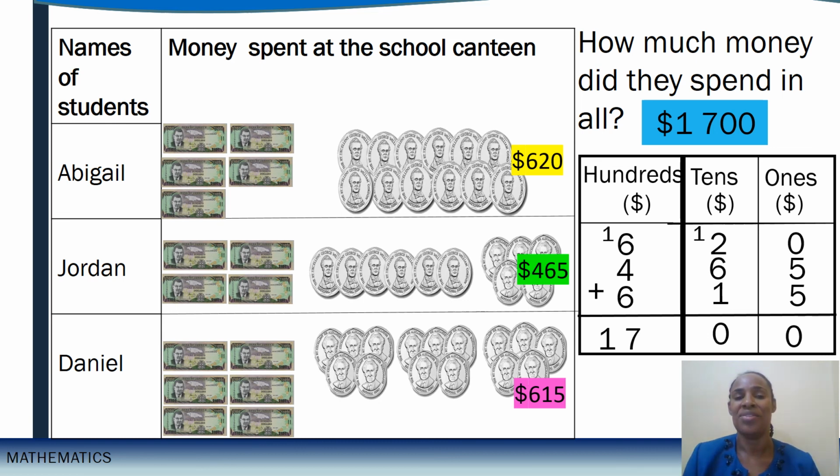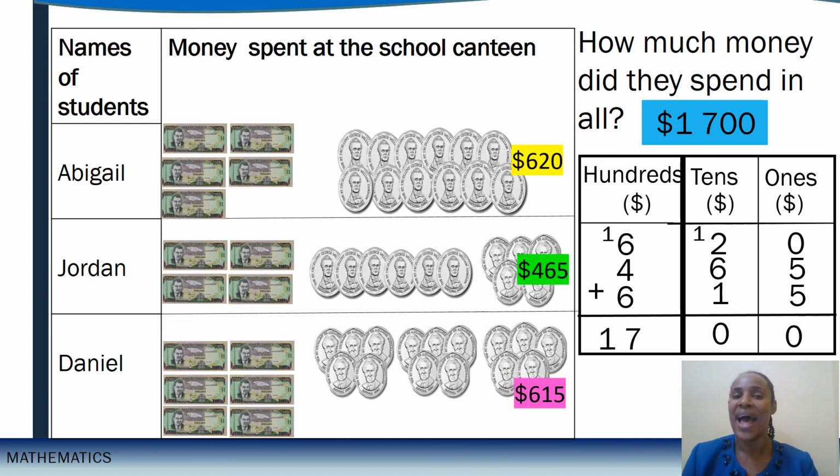Let's add the hundreds. We have 6 hundreds, 4 hundreds, and another 6 hundreds, and of course, the 100 that we placed here. Let's add 6 hundreds to 4 hundreds. 6 hundreds added to 4 hundreds gives us 10 hundreds.